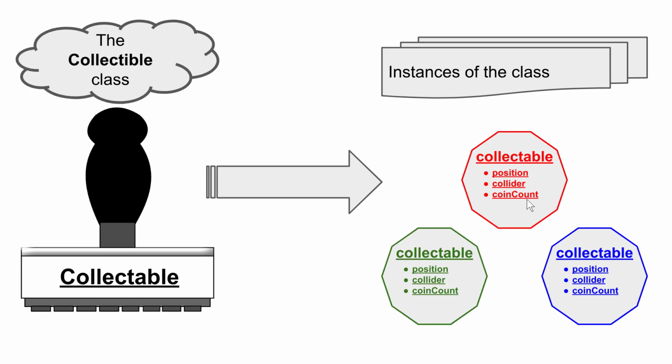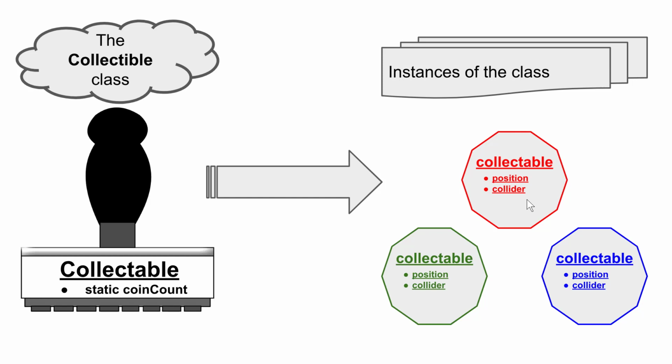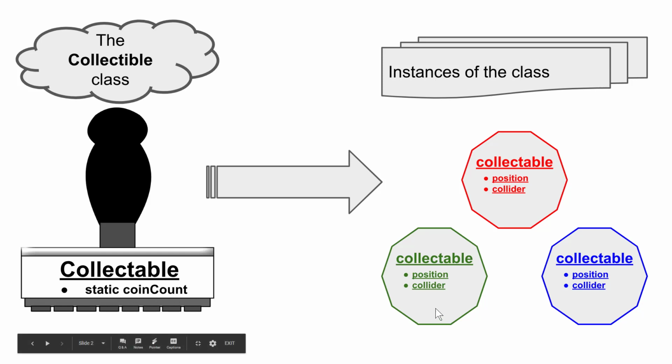What we need to move towards is the class itself having what's called a static variable called coin count. Coin count is no longer belonging to instances of the class. It's actually belonging to the class itself.